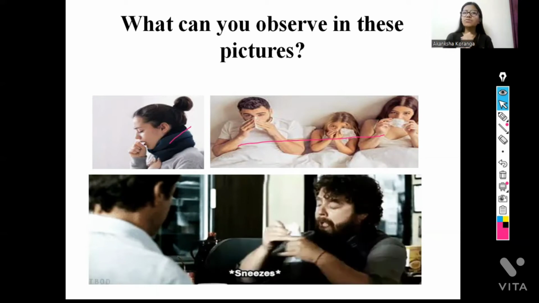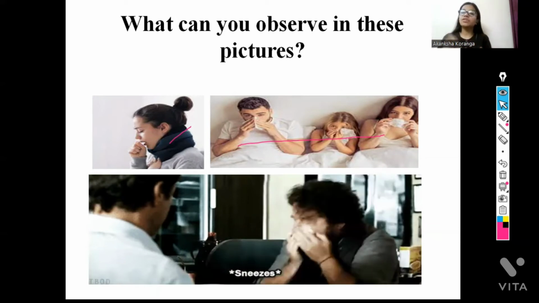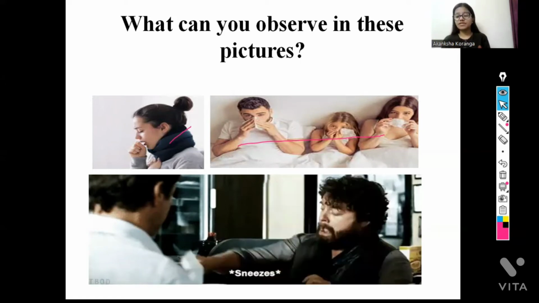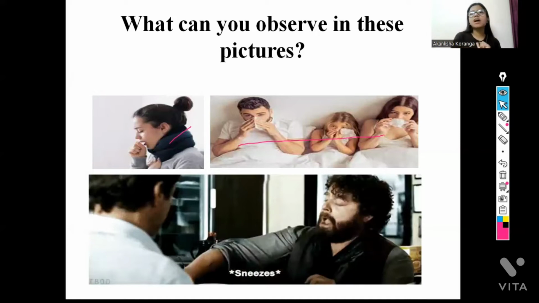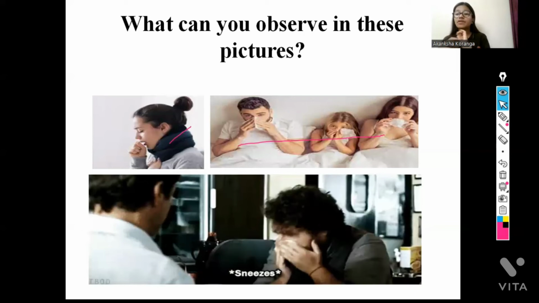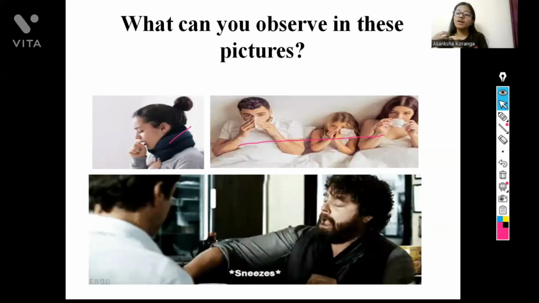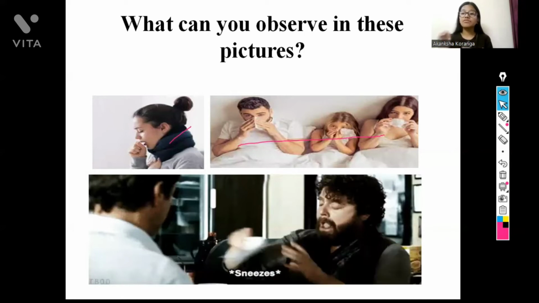From these pictures and from the symptoms of common cold, what can you infer about infectious diseases? We can say that infectious diseases are those diseases that spread when we come in direct contact with an unhealthy or infected person, right?